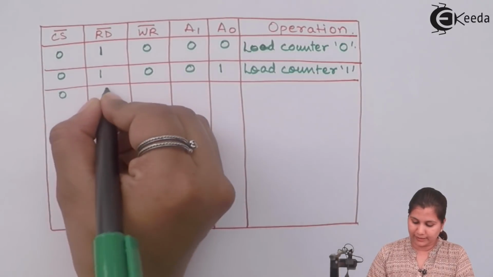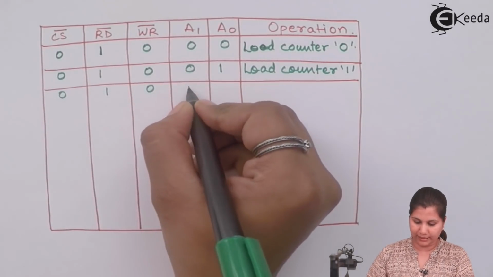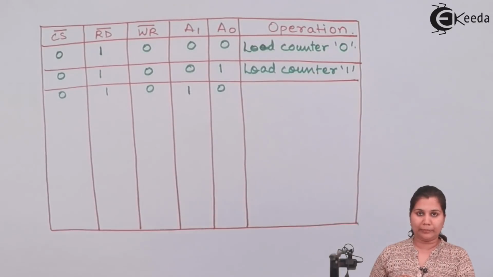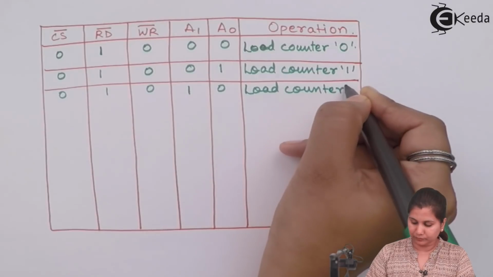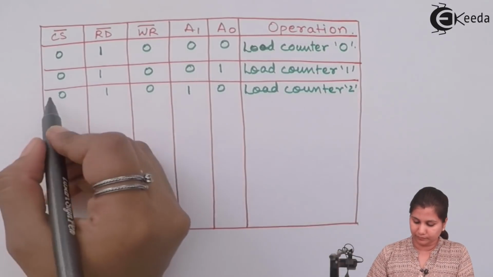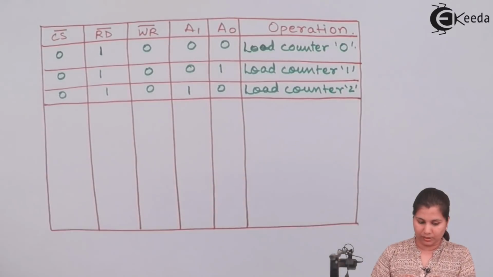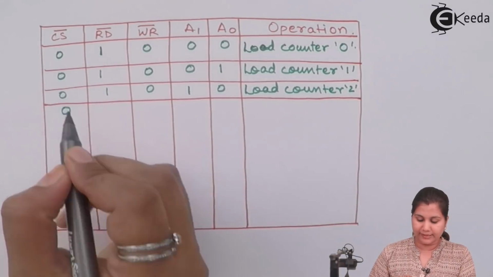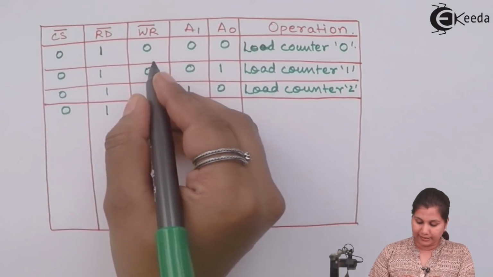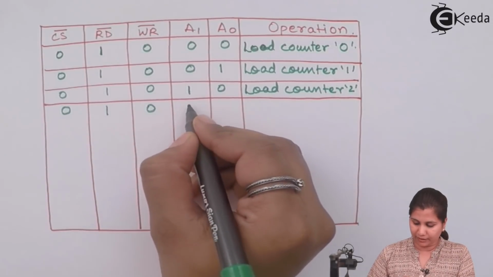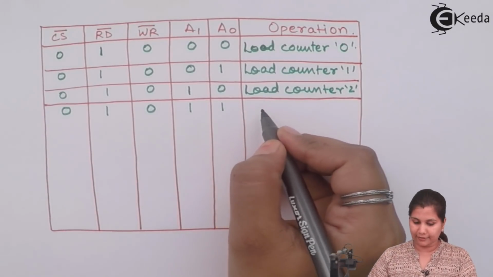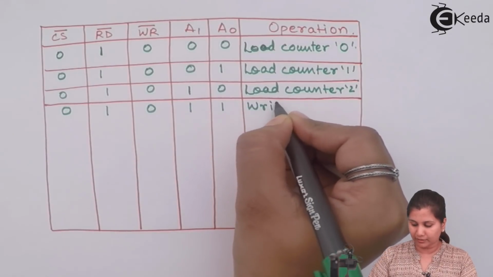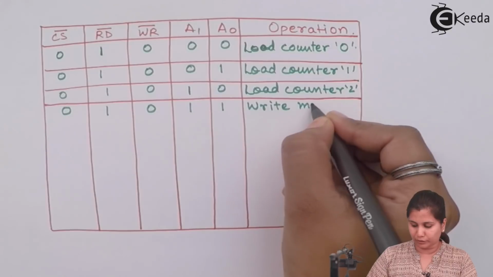Then all the signals will be the same. Here if we have 1 0, then counter 2 will be selected, so the operation will be to load counter 2. Then we have chip select 0, read signal again 1, write 0, and here if we have 1 1, the control register is selected, so the operation will be to write the mode word.